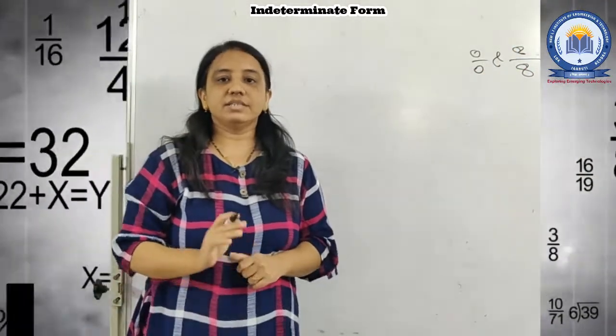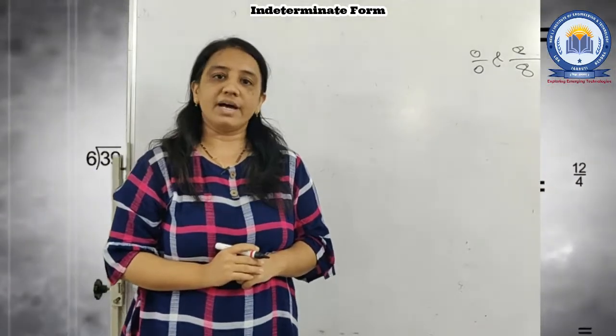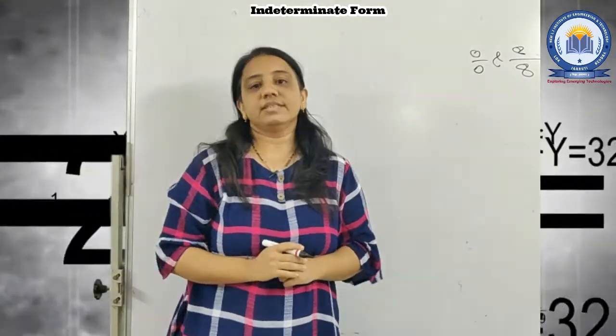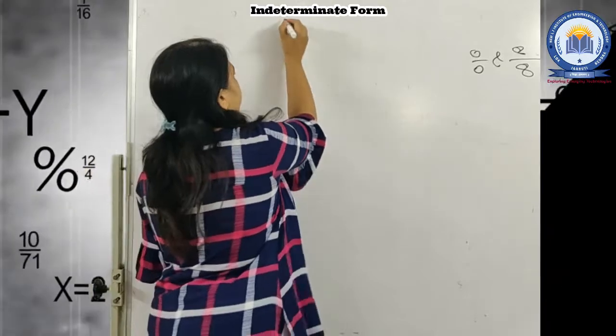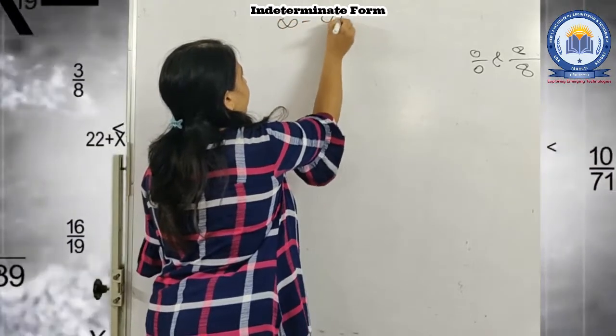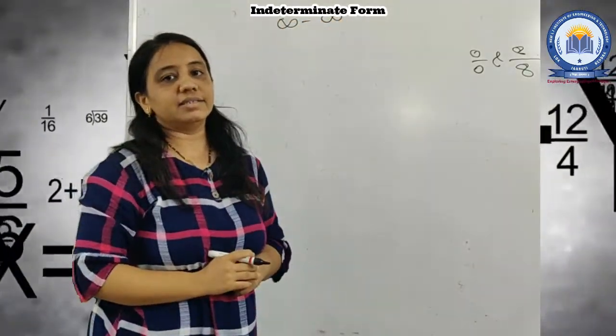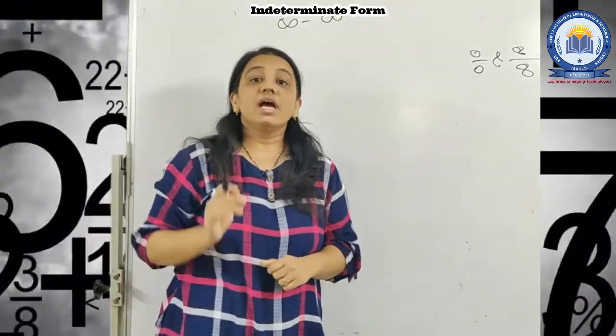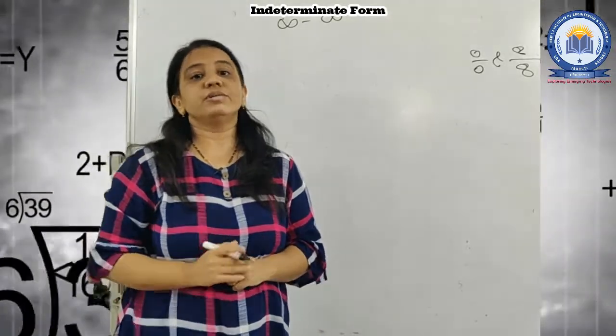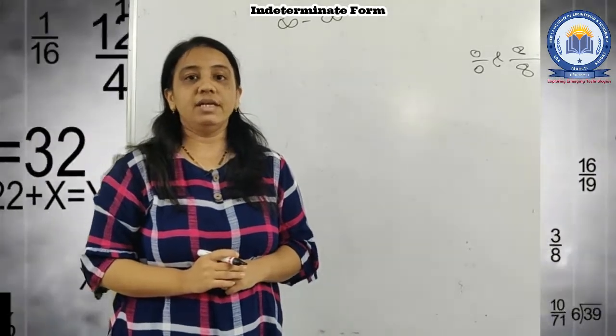But a total of 7 indeterminate forms are there. So today we'll discuss the indeterminate form infinity minus infinity, and how to solve it using L'Hospital rule.